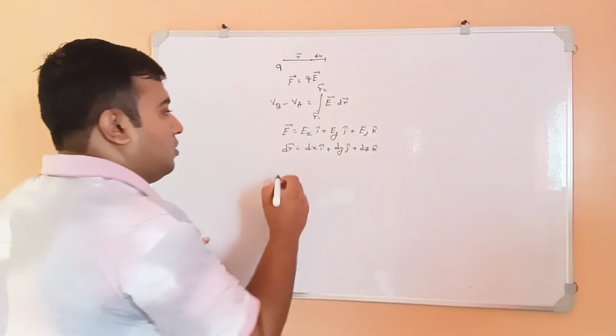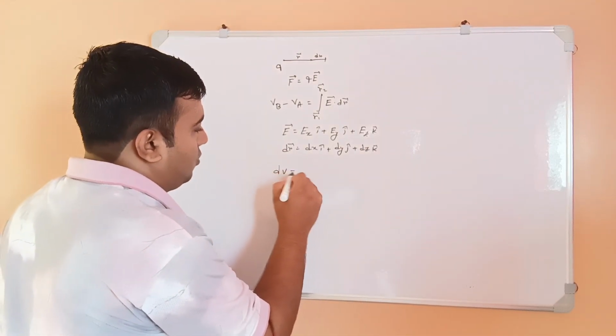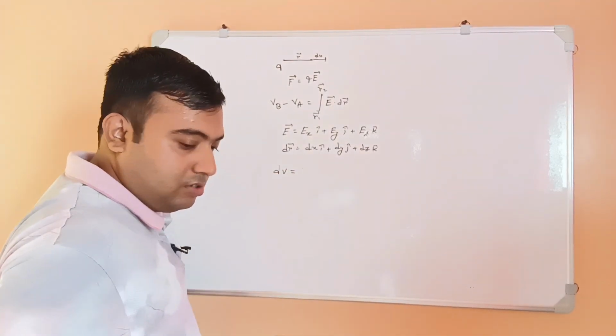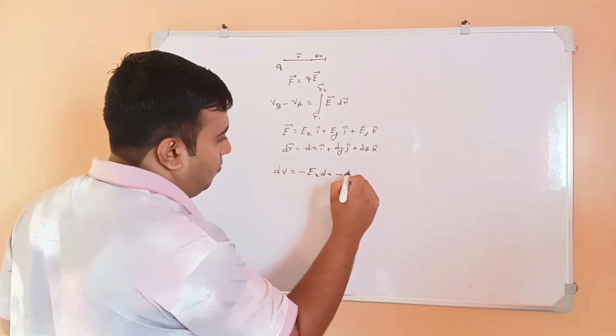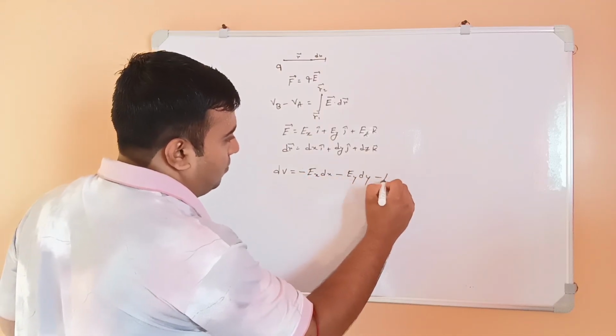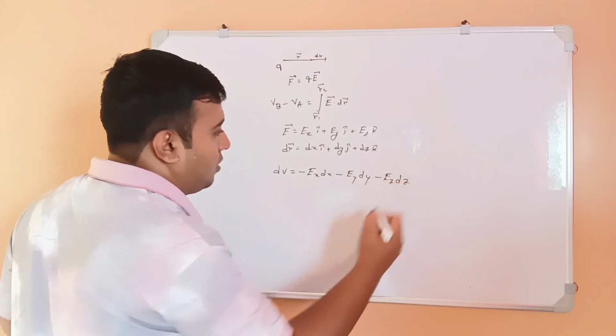So dV is equal to minus Ex dx minus Ey dy minus Ez dz.